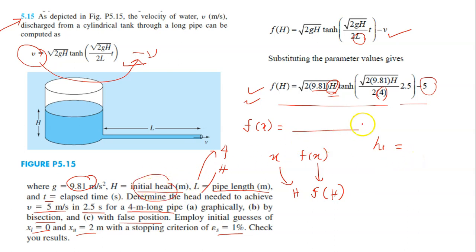And you can then substitute your final answer back into this original equation and see whether you can get V equals to 5 meter per second. Of course, you wouldn't get exactly 5. You will get a value which is close to this value. So try this on your own.